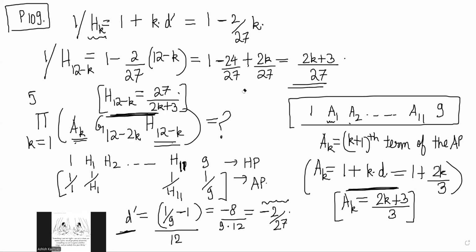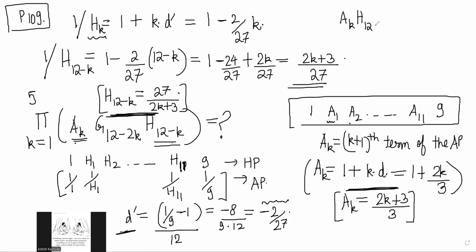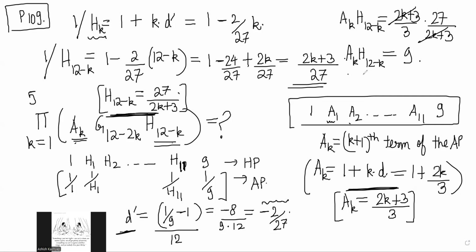Anytime you multiply AK and H of 12 minus K, it will become 2K plus 3 over 3 times 27 by 2K plus 3. And this gets cancelled and this product is simply 9. AK H of 12 minus K, this product is 9. Now all we have to figure out is what is G of 12 minus 2K, right?